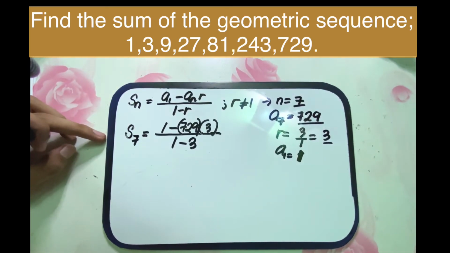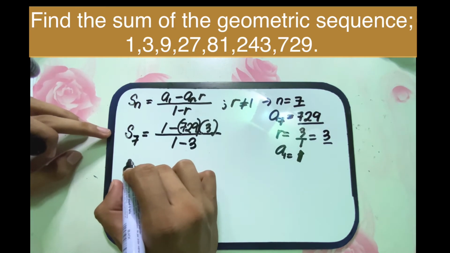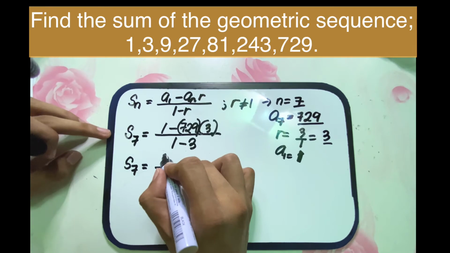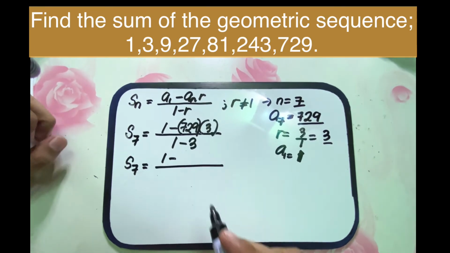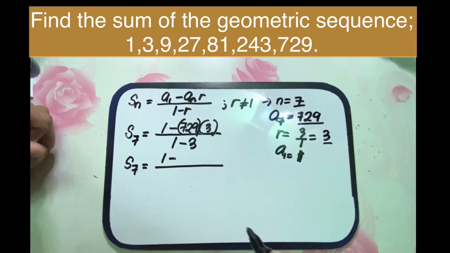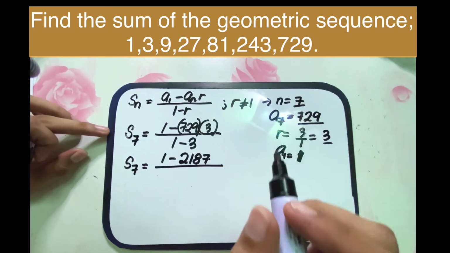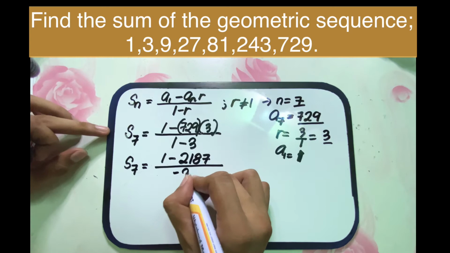So that's the first step. S sub 7 equals 1 minus 729 times 3, which is 2,187, all over 1 minus 3, which is negative 2.